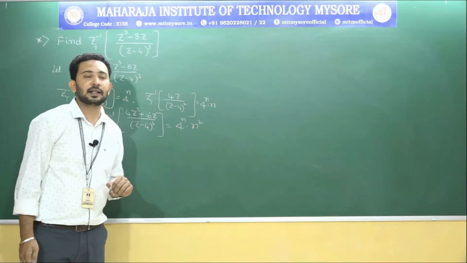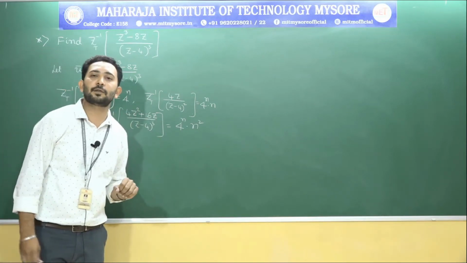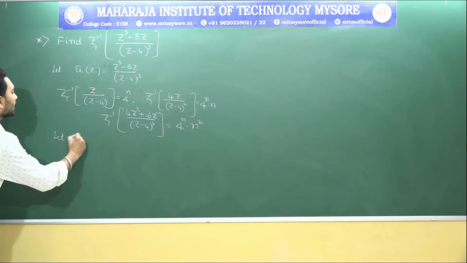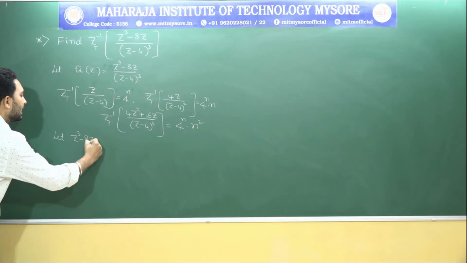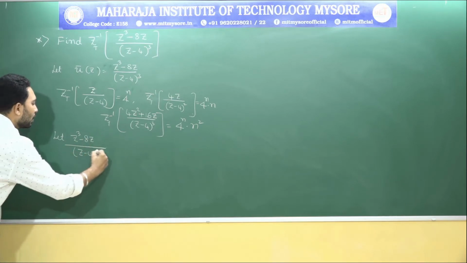So I can write this (z cube minus 8z) divided by (z minus 4) whole cube.